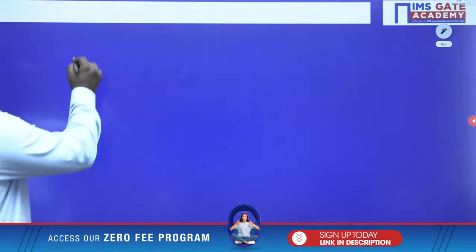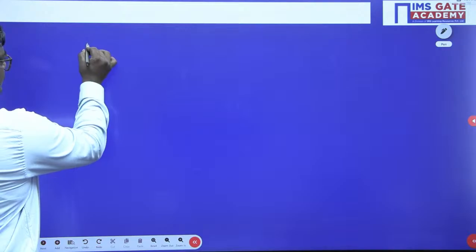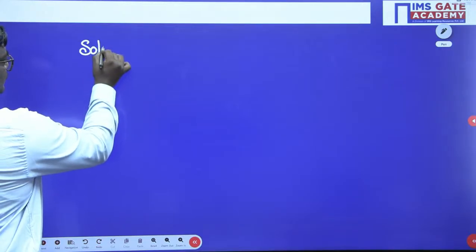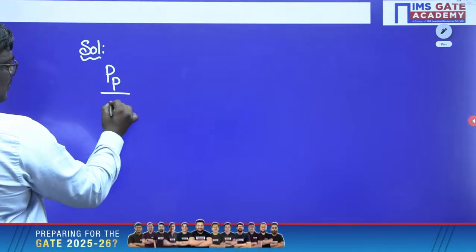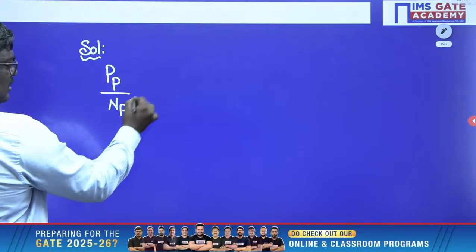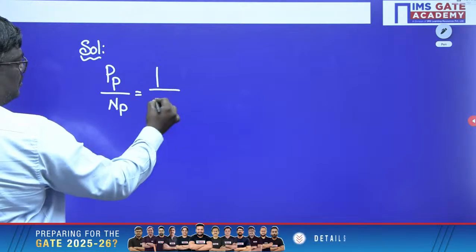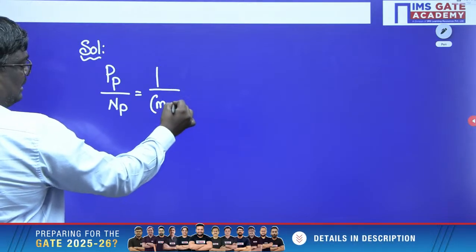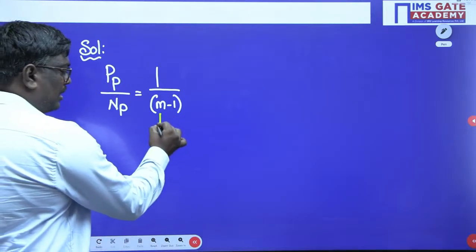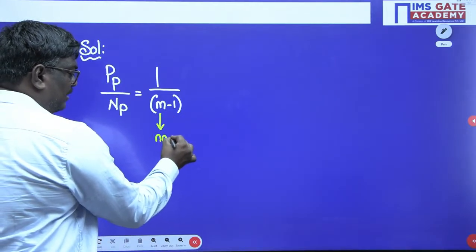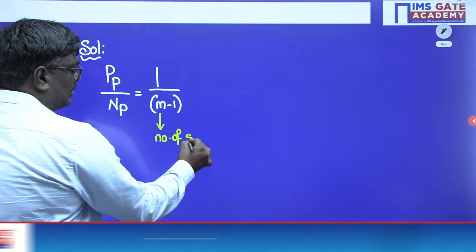Now, see student, if I see the formula here, solution: precipitation of P upon normal annual precipitation of P is equal to 1 upon m minus 1, where m is the number of stations.